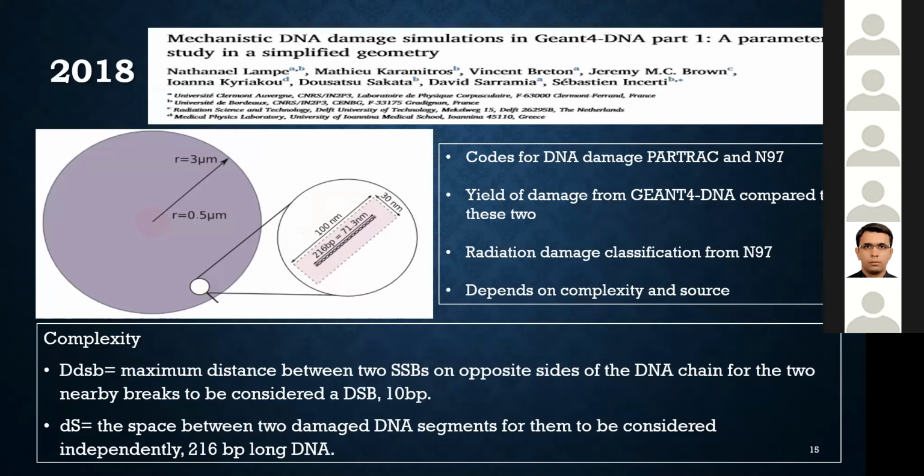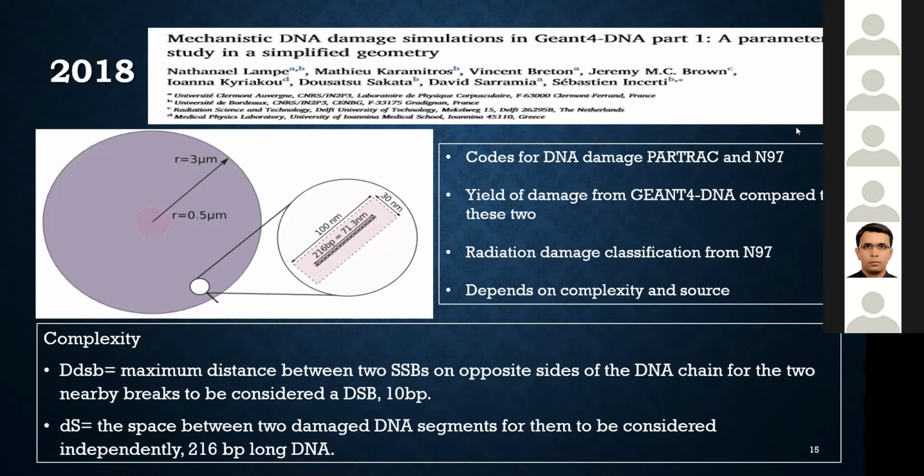Well, this article is a mechanistic DNA damage simulation in Geant4-DNA. It is composed of 2 parts. It's really interesting because first they tried it on a simplified geometry, and then when they obtained the results, they decided to try it on a bacterial geometry, on a bacterial cell, the E. coli, to be specific.